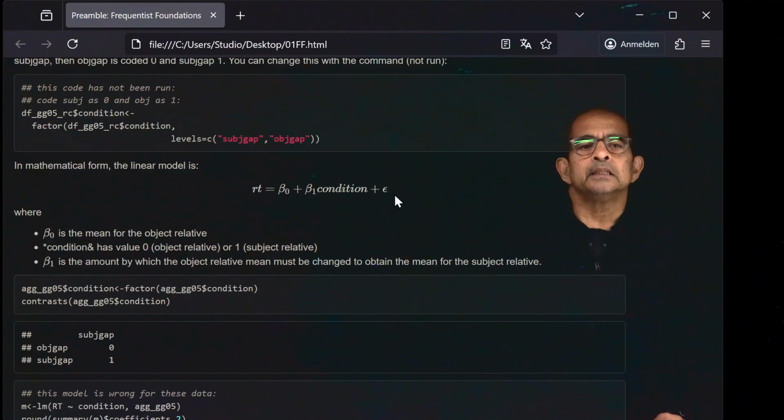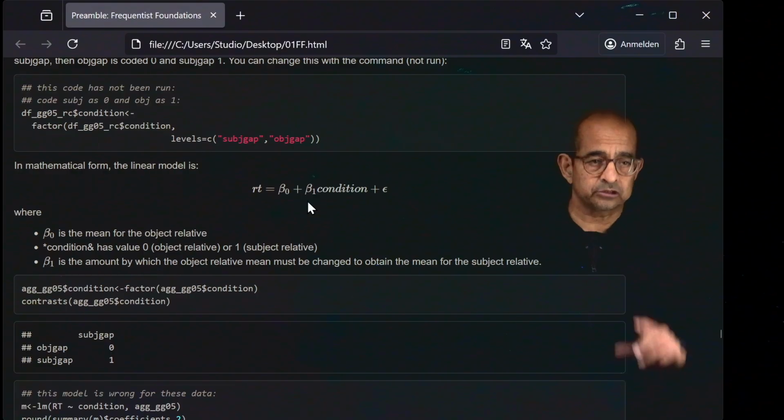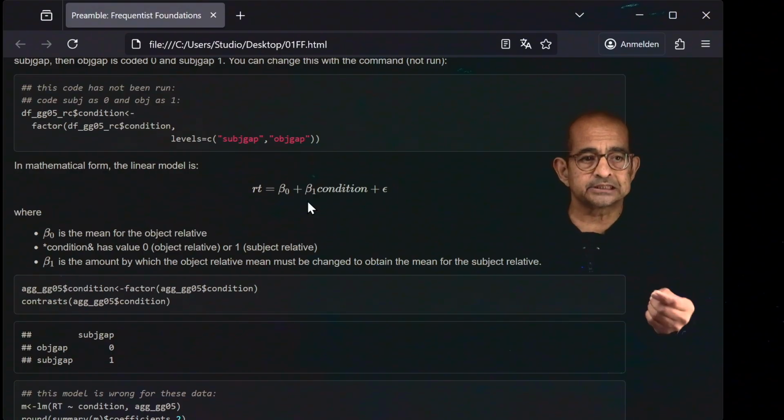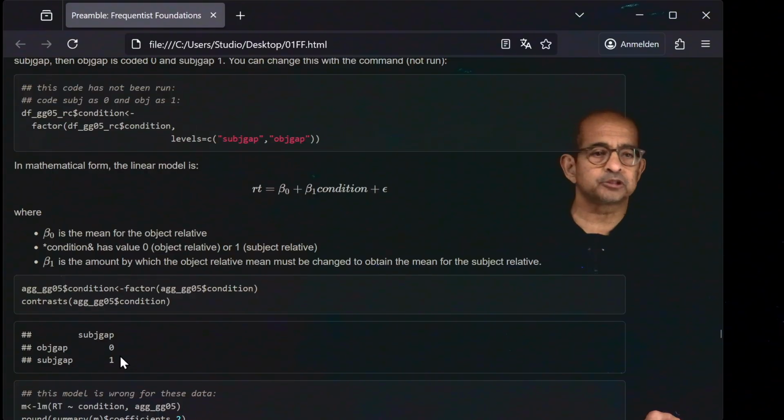Okay. So what's interesting about the treatment contrast coding here is that the meaning of the intercept and slope actually depends on what is coded as 0 and what is coded as 1. If we have this contrast coding, object gaps coded as 0, subject gaps coded as 1, then the intercept has the interpretation that it's the expected reading time for the condition coded as 0 here, right? So if this level is coded as 0, this whole term becomes 0.